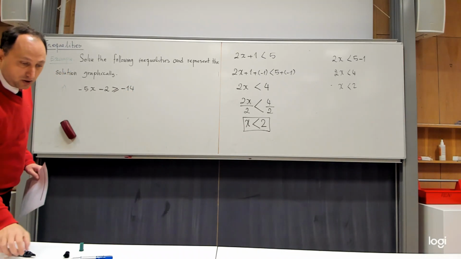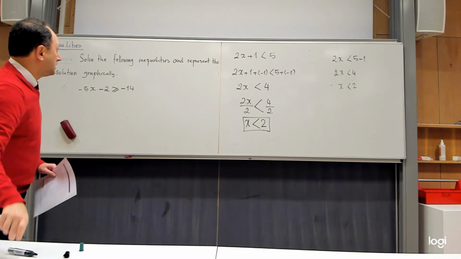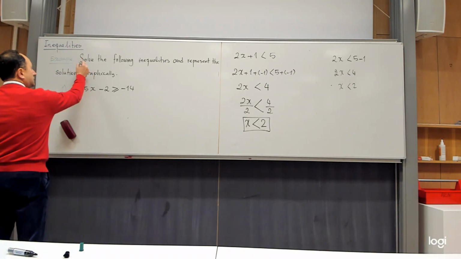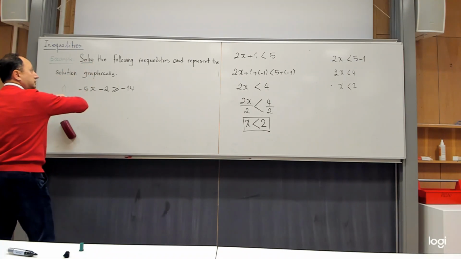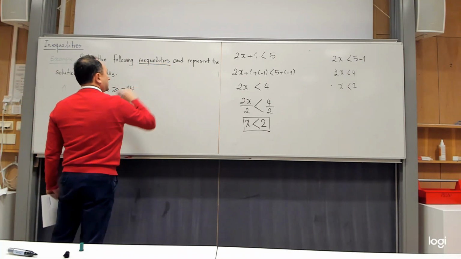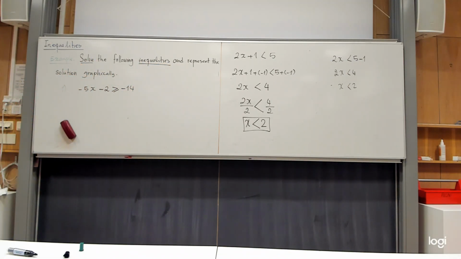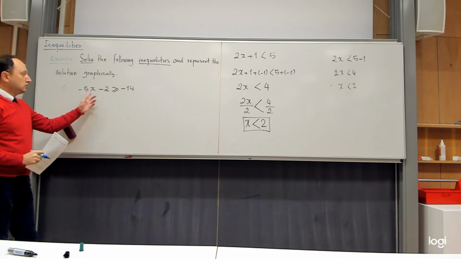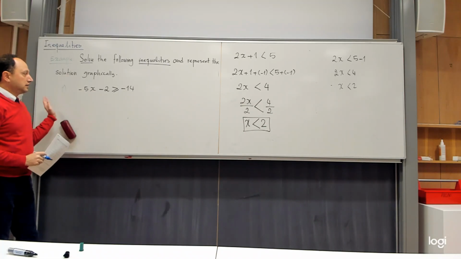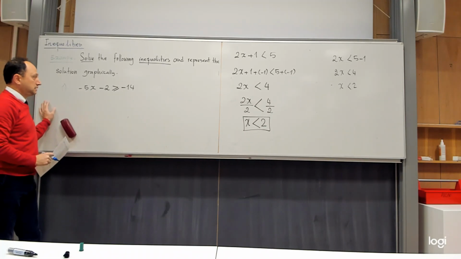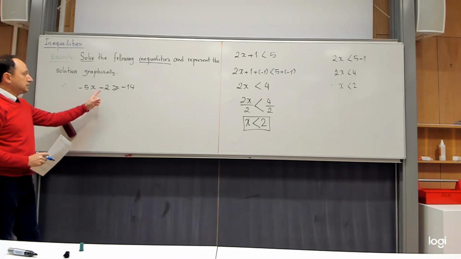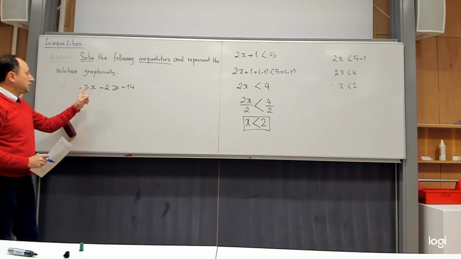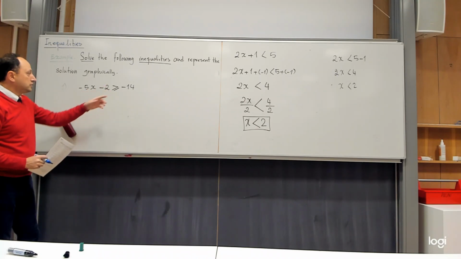Okay, so let us solve this problem. Remember this word. Still, you see, I am using the word solve, and I am using inequalities. Okay, if I want to solve this, again, your goal is to make x alone, preferably on the left-hand side. So what I have to do, I have to get rid of this minus 2. I have to get rid of minus 5. So I move minus 2 to the other side.